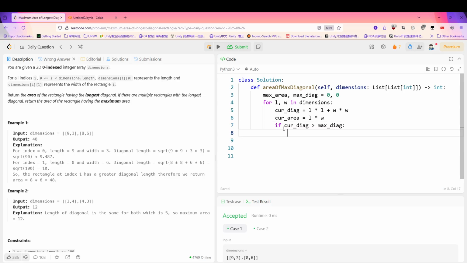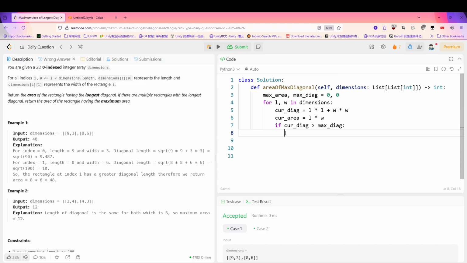Okay, let's try this one, because we only need the bigger diagonal, right? But you may notice this one: if there are multiple rectangles with the longest diagonal, return the area of the rectangle having the maximum area. So, can this single if cover all the cases?